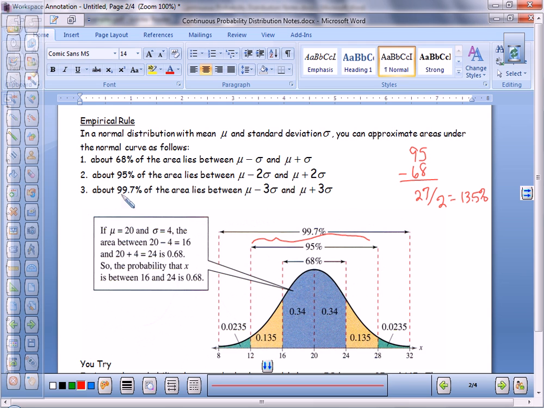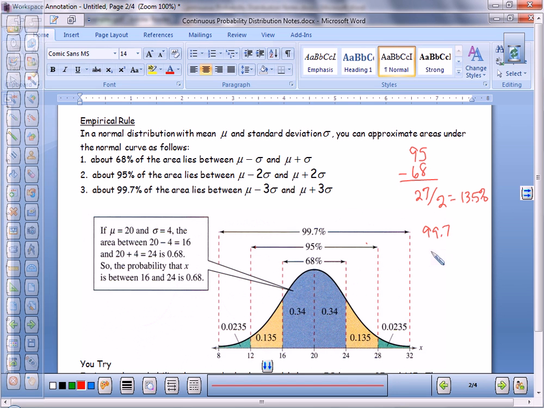And the last statement is that 99.7% of the area of the data lies within plus or minus 3 standard deviations. So if we went 3 this way and 3 that way, we'd get 99.7% of our data. So what would that look like if we were just looking at between 2 and 3 standard deviations? What does this little part under the curve represent? Well, we do the same process.